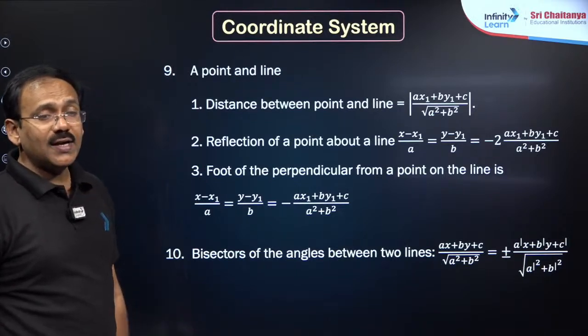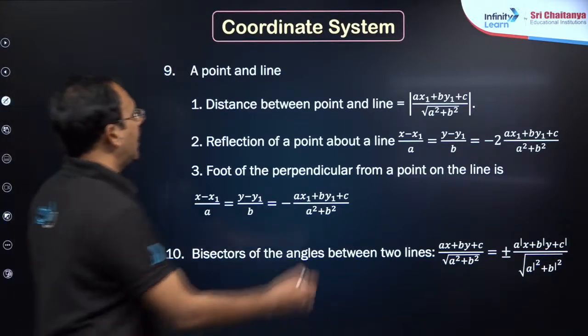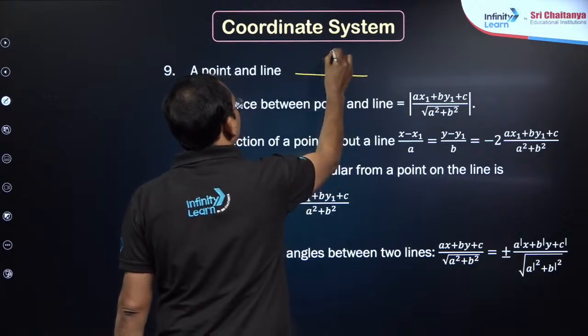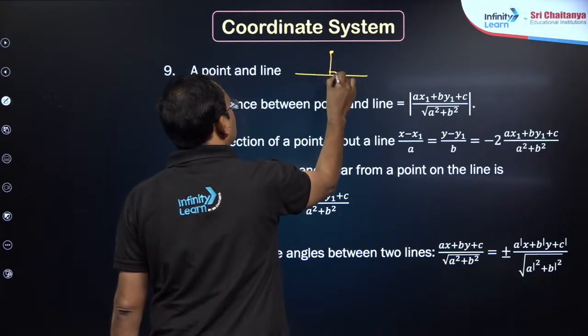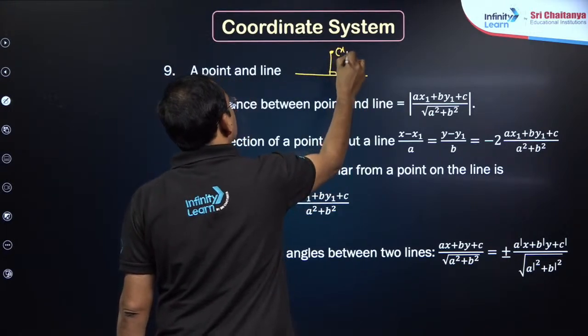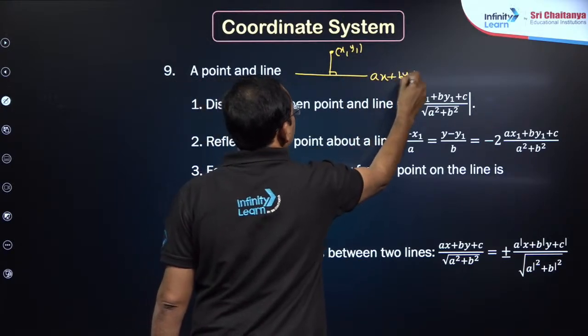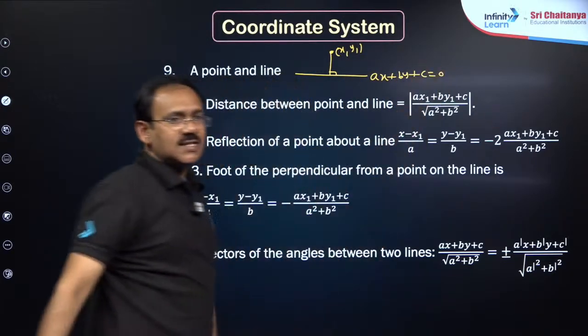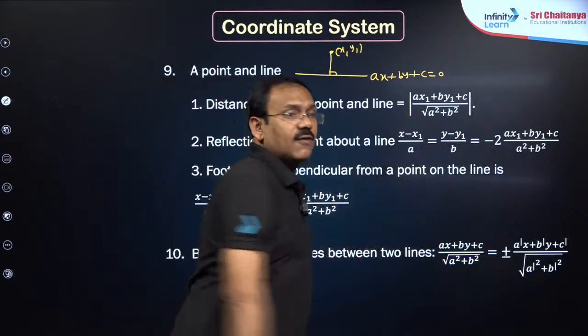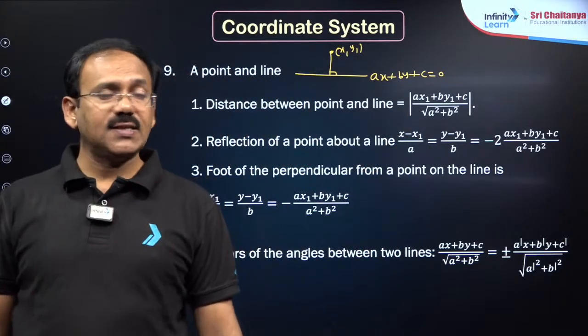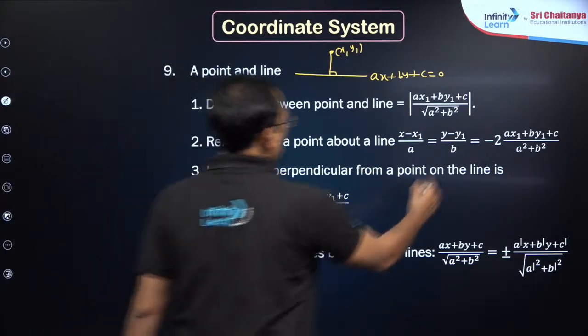How to find the distance from a point to a line is a very important one. Suppose the point is (x1, y1) and the line is ax plus by plus c equals 0. The distance is modulus of (a x1 plus b y1 plus c) by root of (a square plus b square).